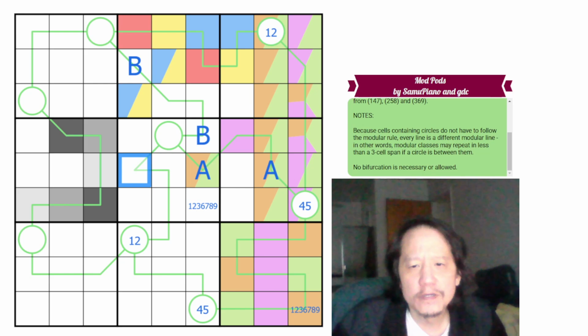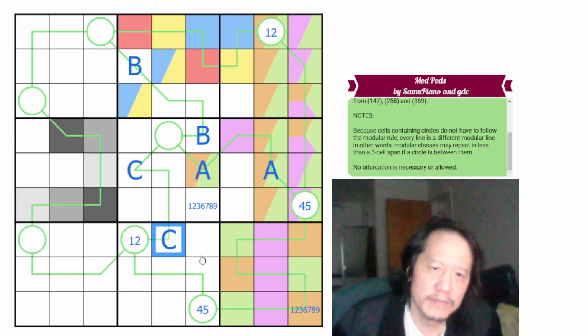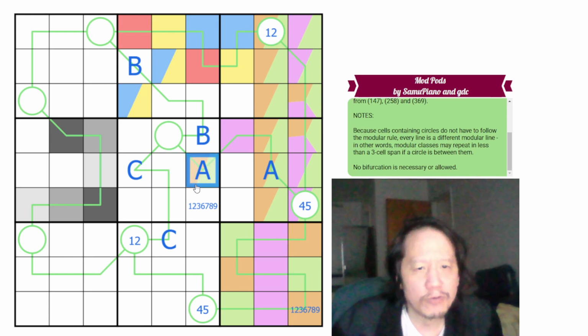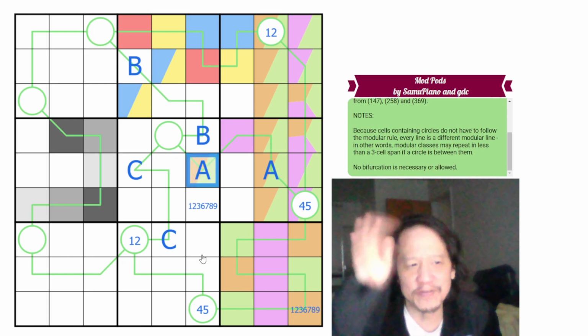This C, whatever set this is, has to be the same set as that. But they're not the same digit, remember. The same here. We're just using A, B, and C because we don't want to have 18 colors.